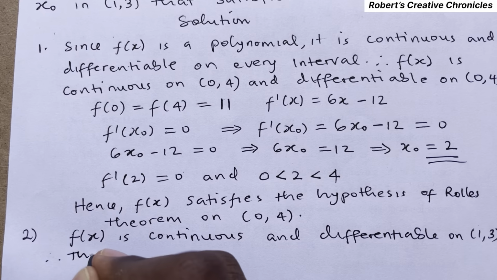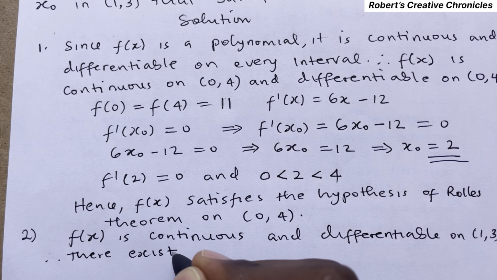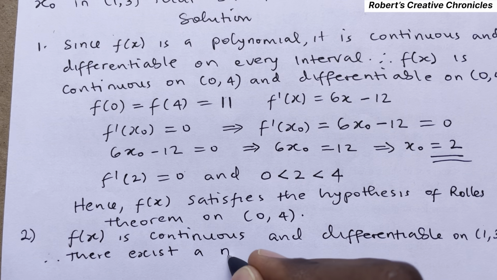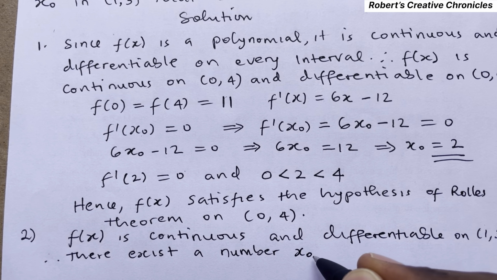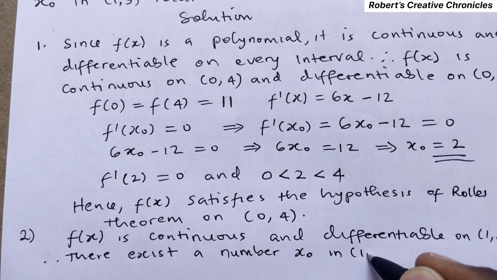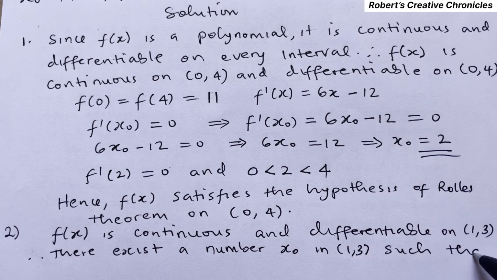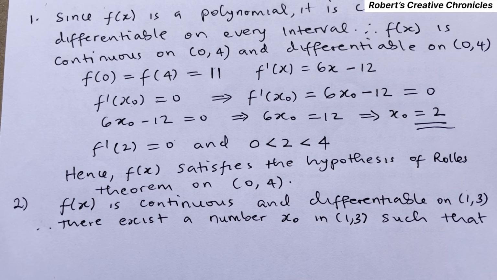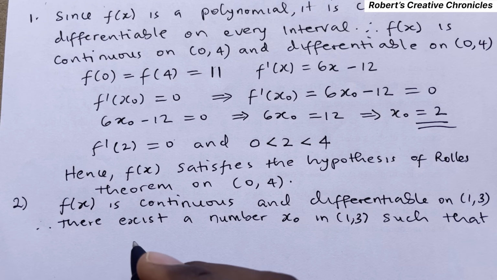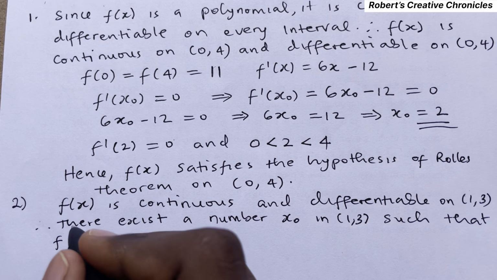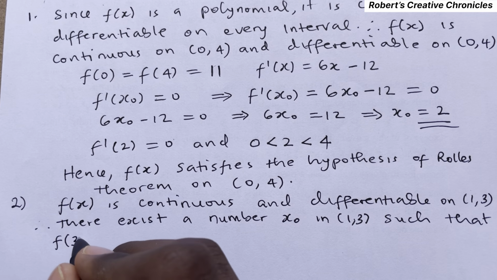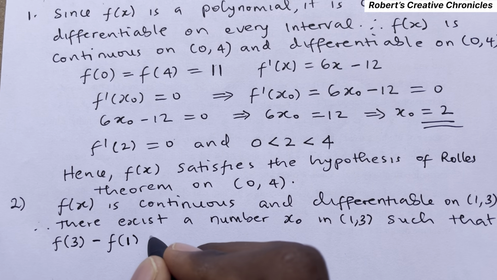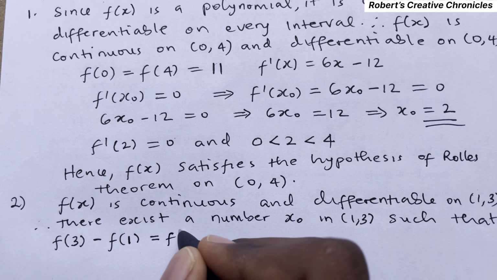Therefore there exists a number x0 in that interval 1, 3 such that f of x2, which is 3, minus f of x1, which is 1, is equal to f prime x0 times (x2 minus x1).